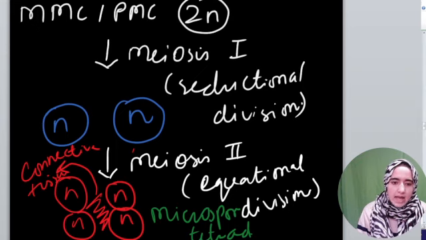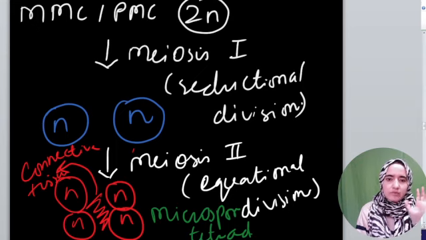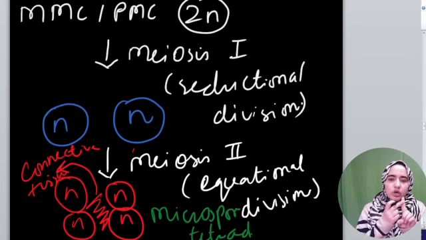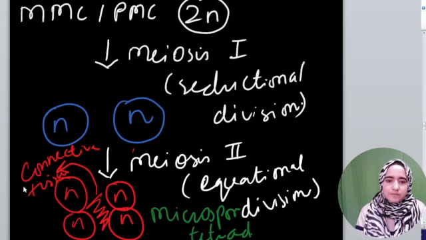In general, we have to see how many meiosis and mitosis will occur in order to form the male gamete, not the pollen grain.